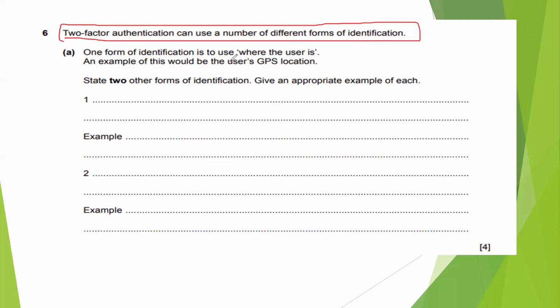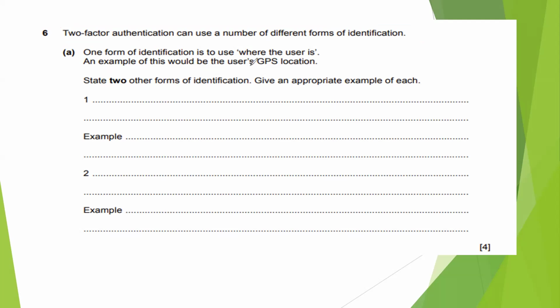One factor is the password you have used, but it will ask you another, like sending a message or code, or asking if it is you. So it says one form of identification is to use where the user is. An example of this would be the user's GPS location. State two other forms of identification, give an appropriate example of each.